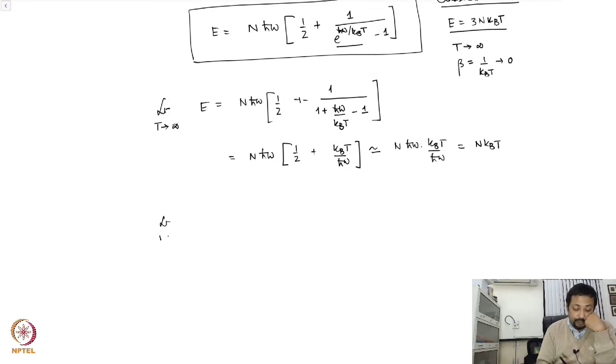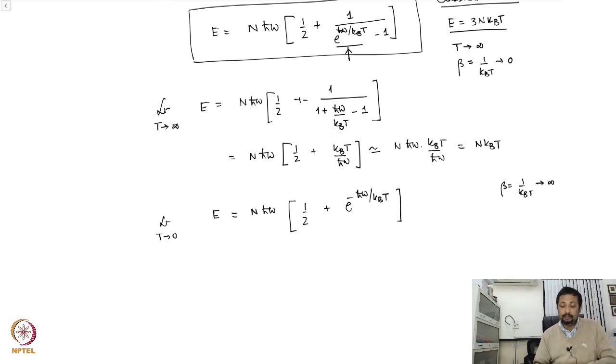Limit of T to 0 is when this factor, the exponential factor, dominates, because 1 over kBT, beta, goes to infinity, and you have N h bar omega times half plus e to the power minus h bar omega over kBT.